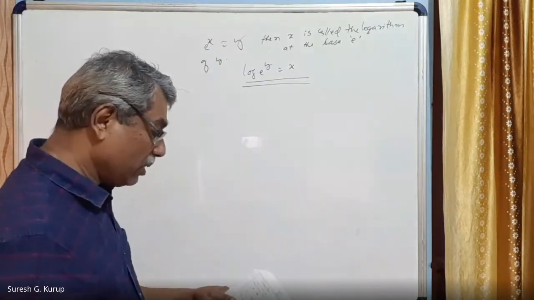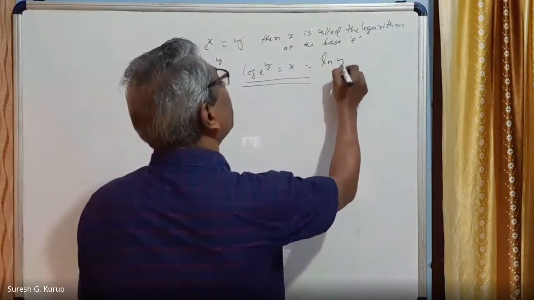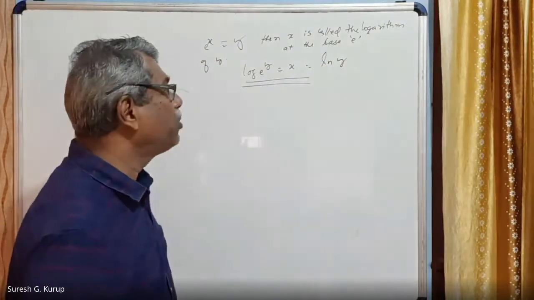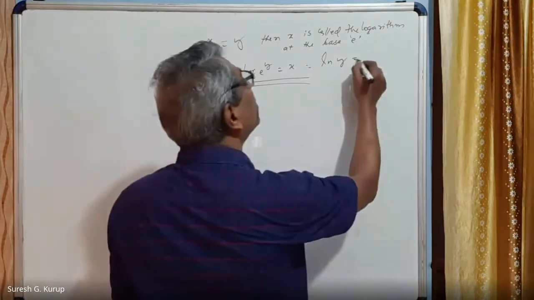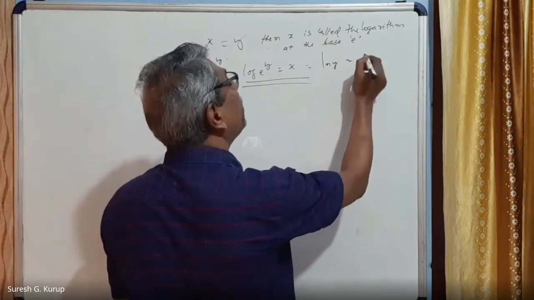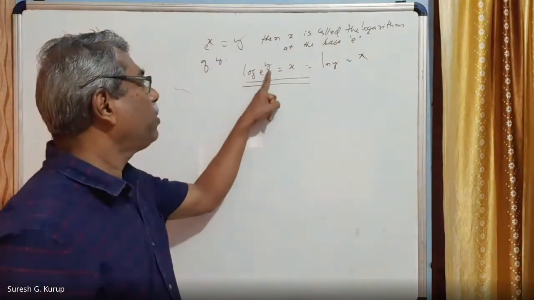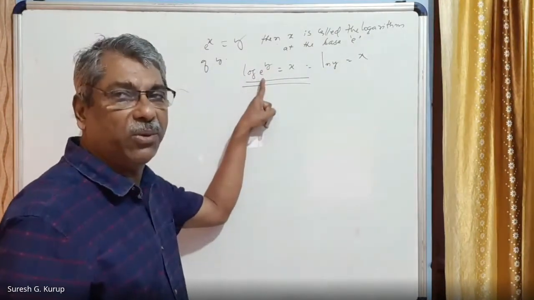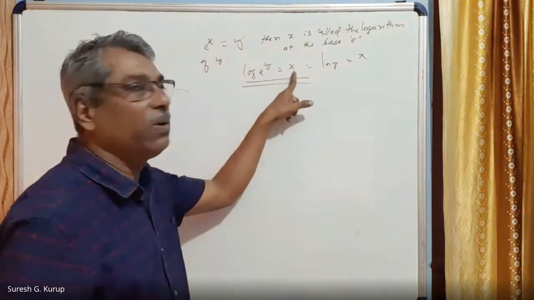This is also written as ln y. ln y means natural logarithm of y. ln y is equal to x. So when I write log y to the base e, not log e to the e raised to y, log y to the base e is equal to x.